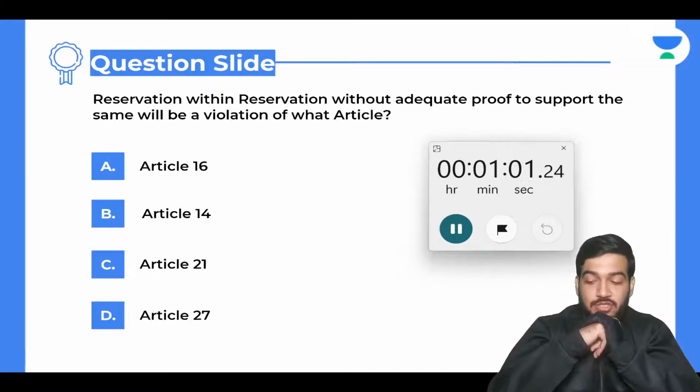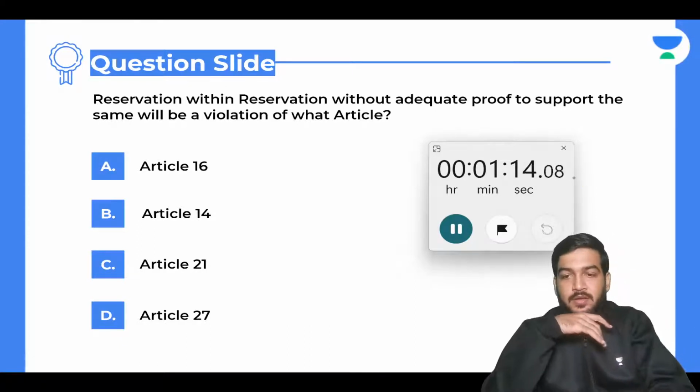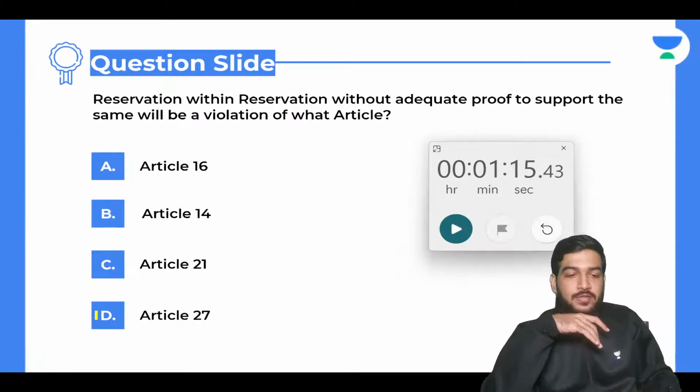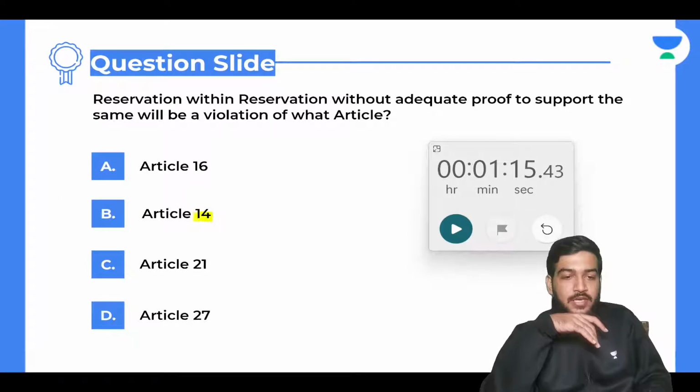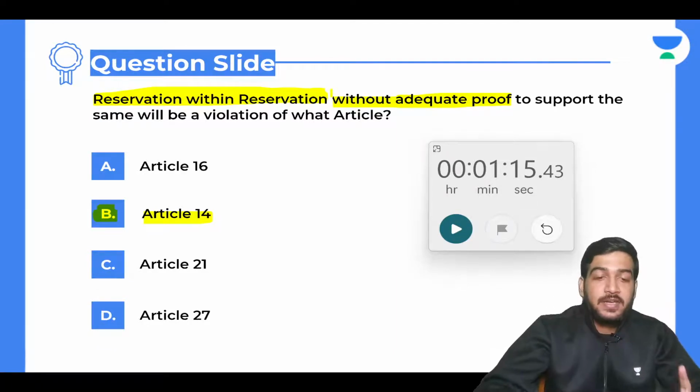Reservation within reservation. All right. The answer to this question is Article 14, right to equality. Reservation within reservation without adequate proof is a violation of Article 14, not of right to life or the freedom to exercise your religion.